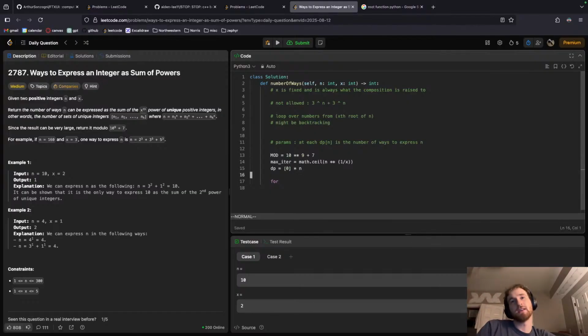Do I need n or n plus 1? I actually think this might be stupid. Why don't I just go up to n?